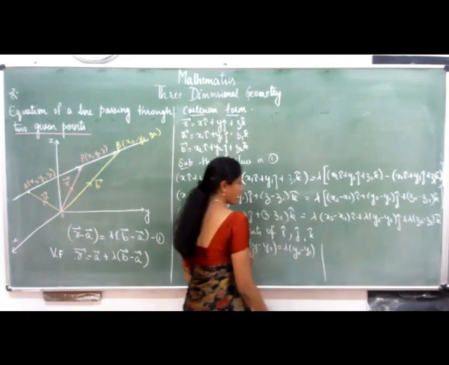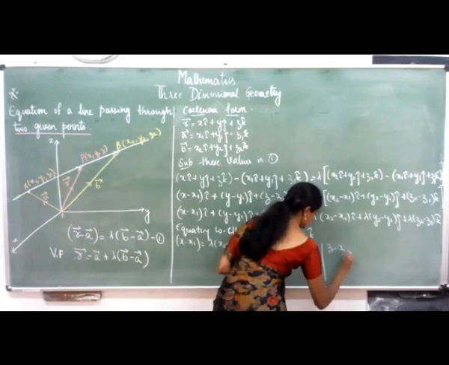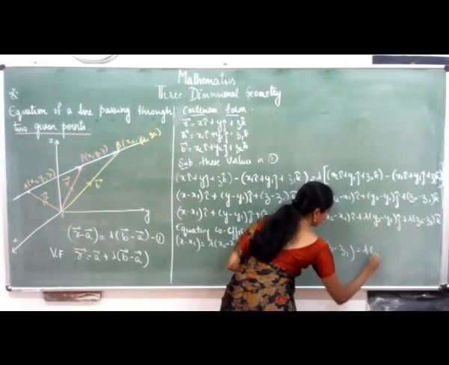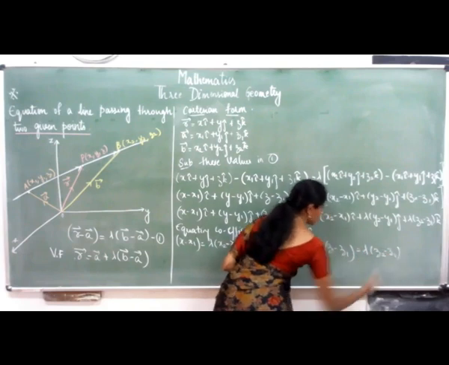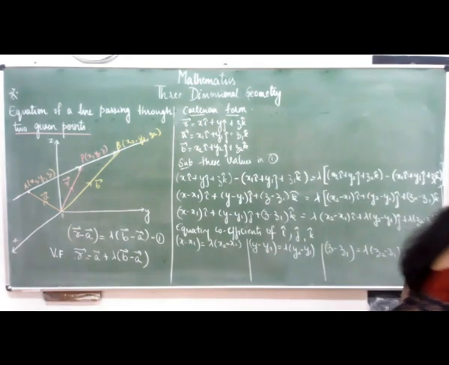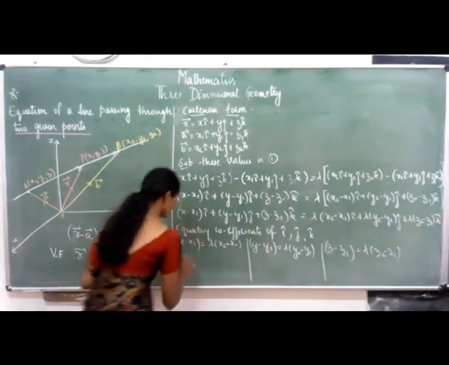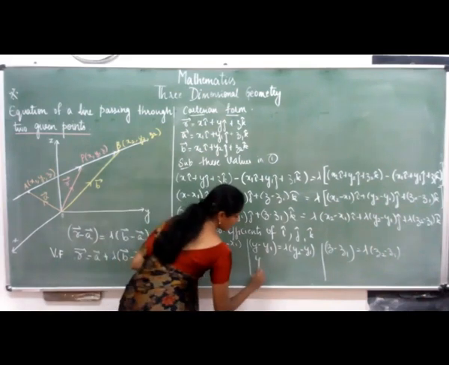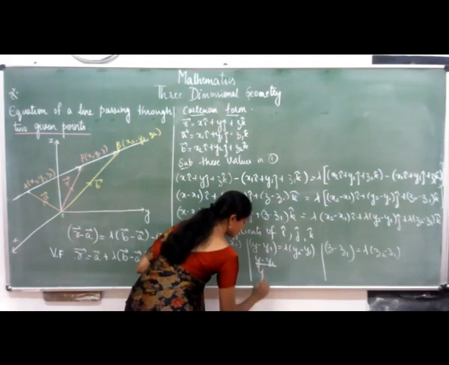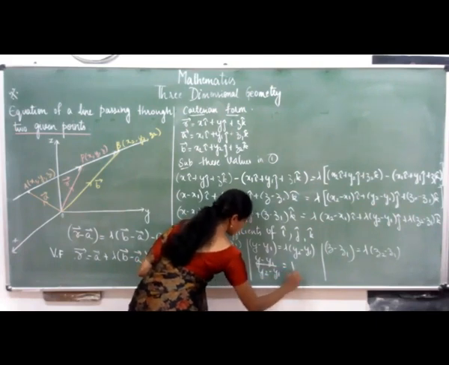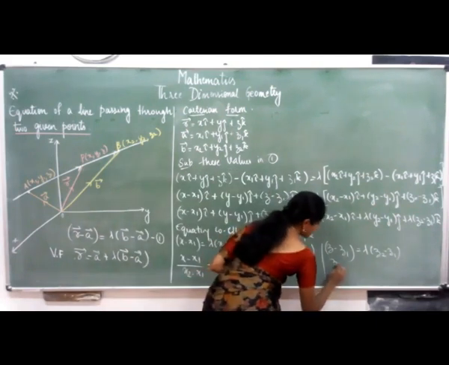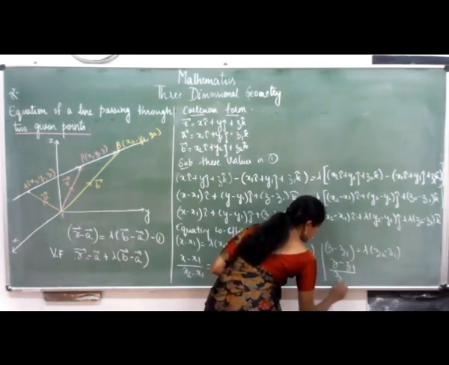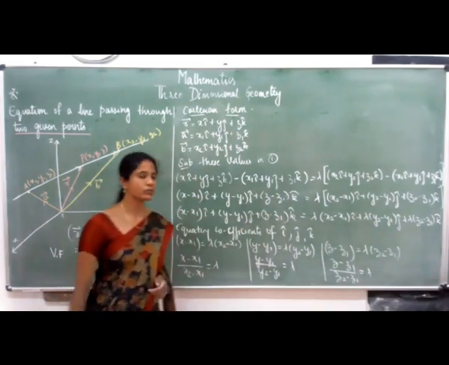And of k cap, it is z minus z1 is equal to lambda times z2 minus z1. So, this can be written as x minus x1 by x2 minus x1 is equal to lambda, y minus y1 by y2 minus y1 is also equal to lambda, z minus z1 by z2 minus z1 is equal to lambda.